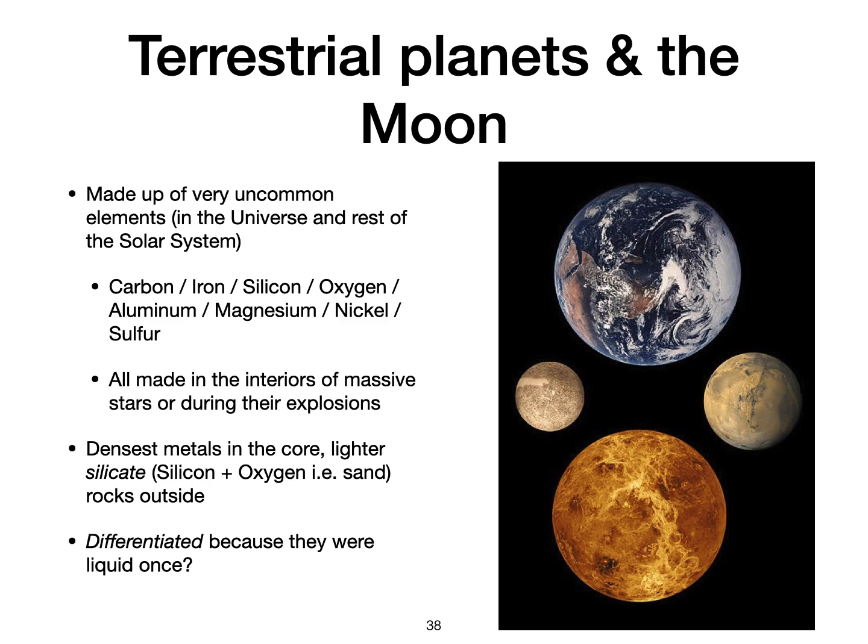So that differentiation happened when these bodies were liquids, and that's a key part of the formation theory as well, that they probably formed in a much hotter environment than other, undifferentiated bodies like Kuiper belt objects, for example. Okay, so these bodies are mostly made out of rock and metal.